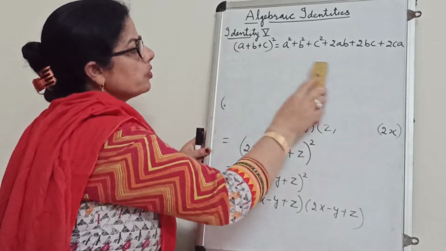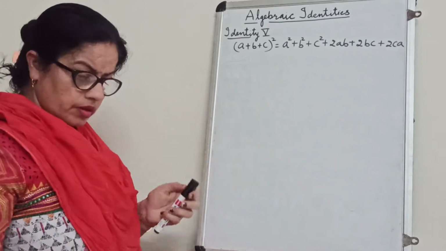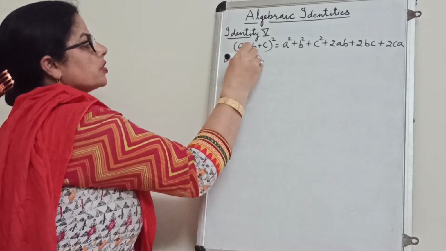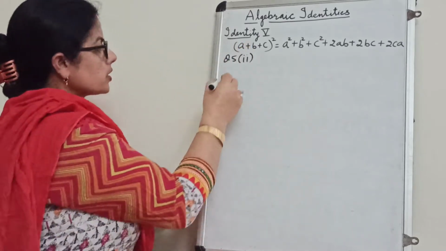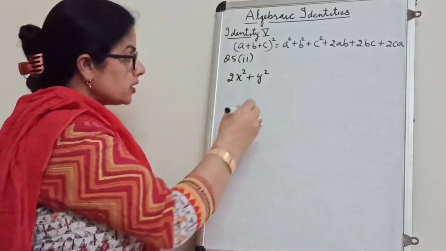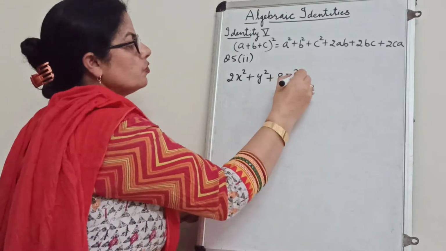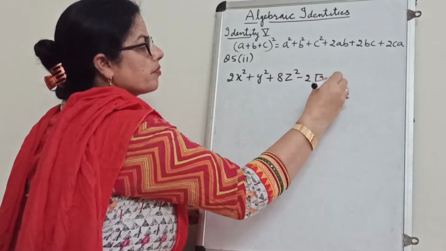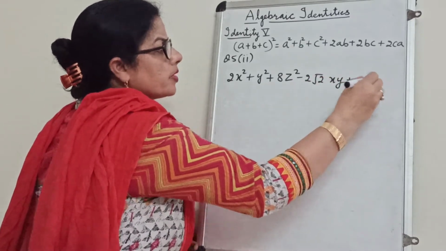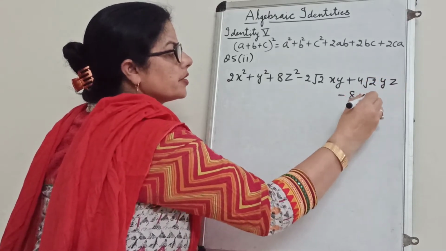Now see the next. One more sum we are doing of this type. This is question number 5, second part. 2x square plus y square plus 8z square minus 2 root 2xy plus 4 root 2 yz minus 8xz.